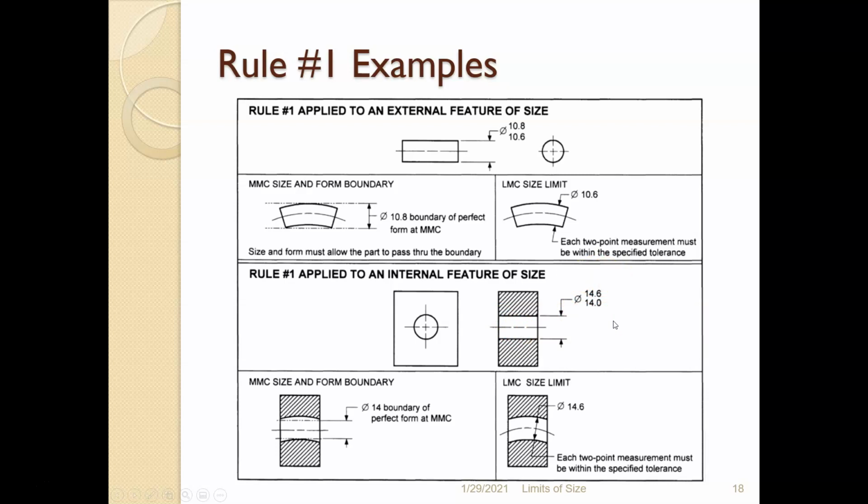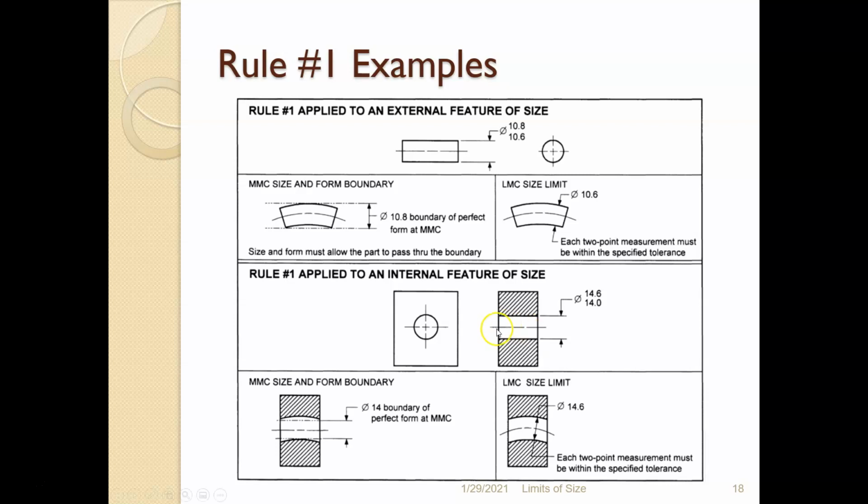But if we make the hole at its maximum material condition size, remember for a hole, the MMC size is its smallest diameter. So if we make the hole at 14, it has to be a perfectly straight hole. It has to have perfect form. Now, how can we imagine that? Well, we can use the envelope of perfect form concept again.